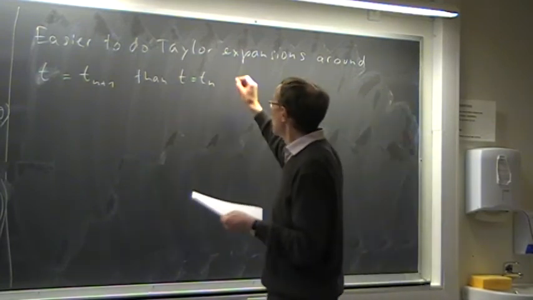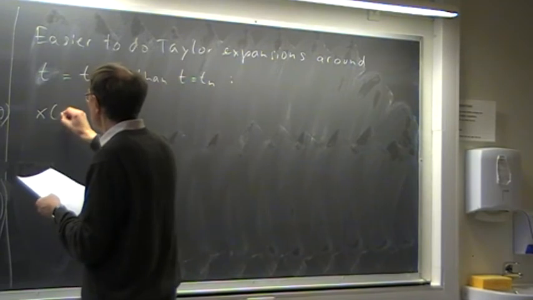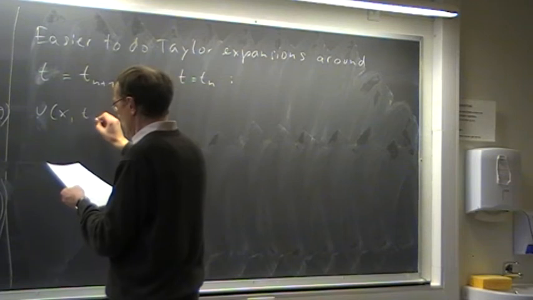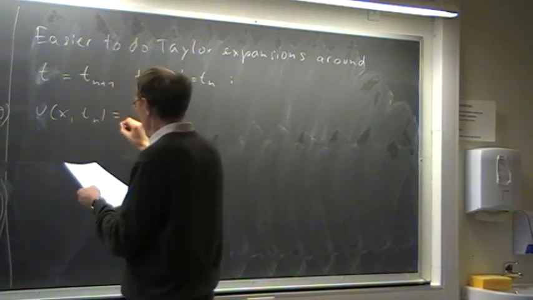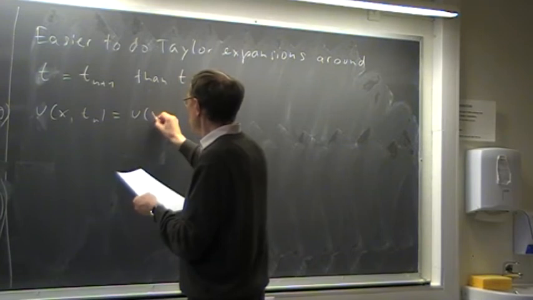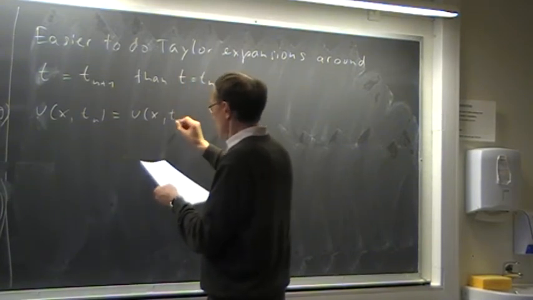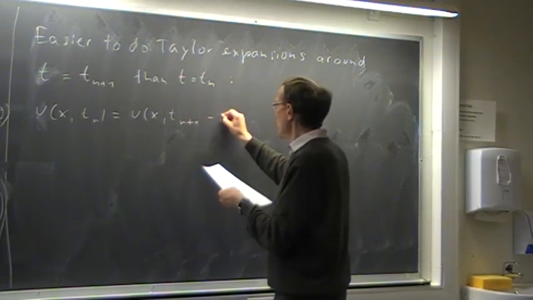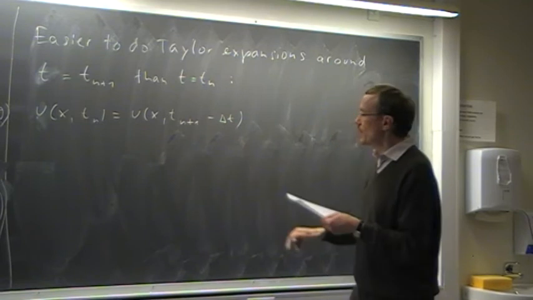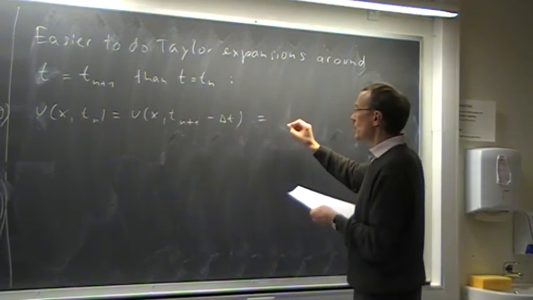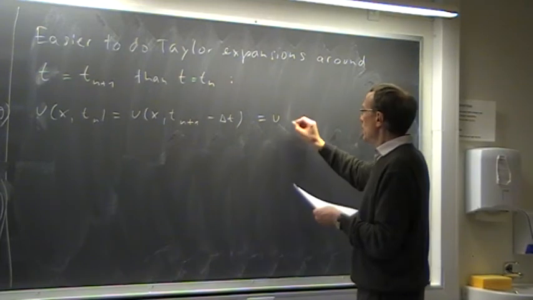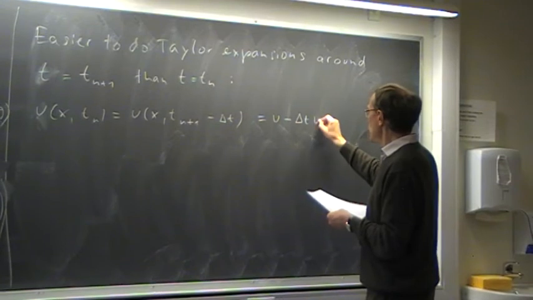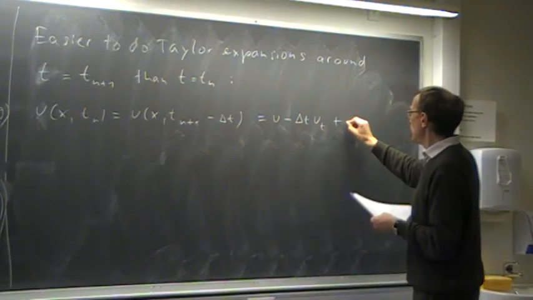So that means that we take then u of x, tn, and that is then equal to u of x, tn plus 1 minus delta t. So then we do the Taylor expansion around that. So then we do it as u, and then we get a minus delta t ut, and then we get plus order delta t squared.